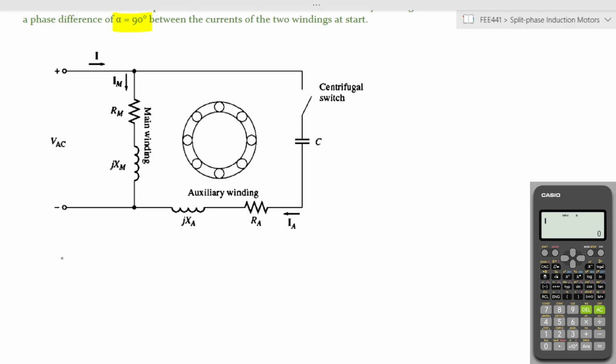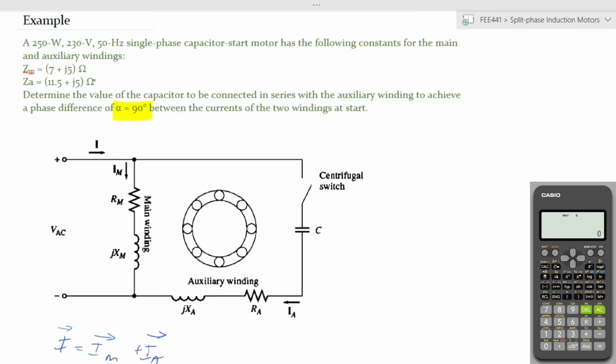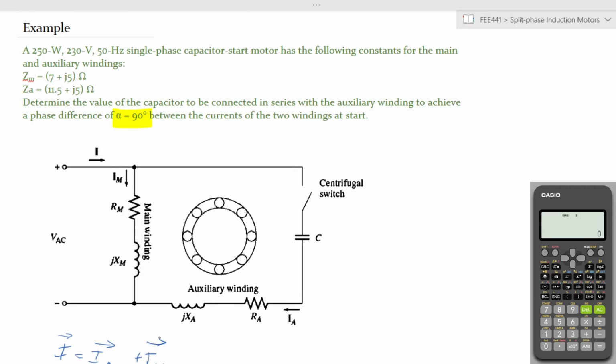Remember, we said that the vector sum of IM and IA will give us the value of the supplied current, and the voltage at the supply is 230. Zm is the sum of these two, and Za is the sum of those two.